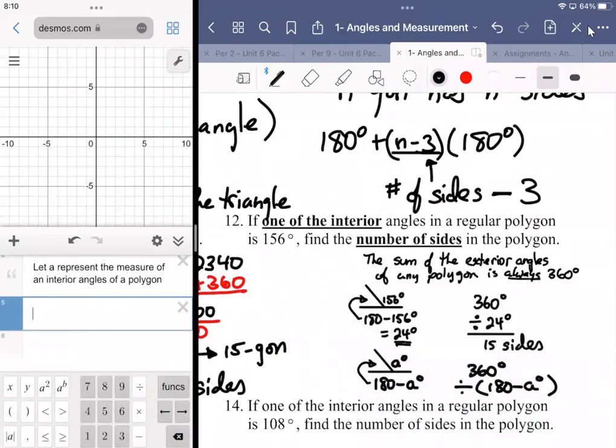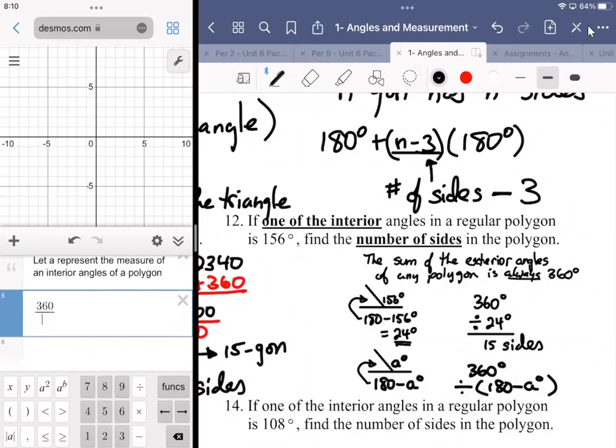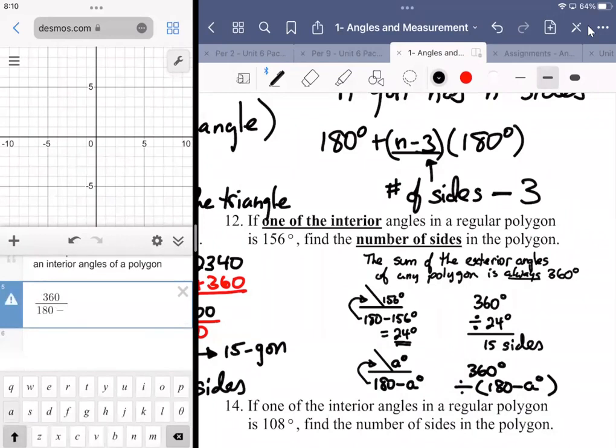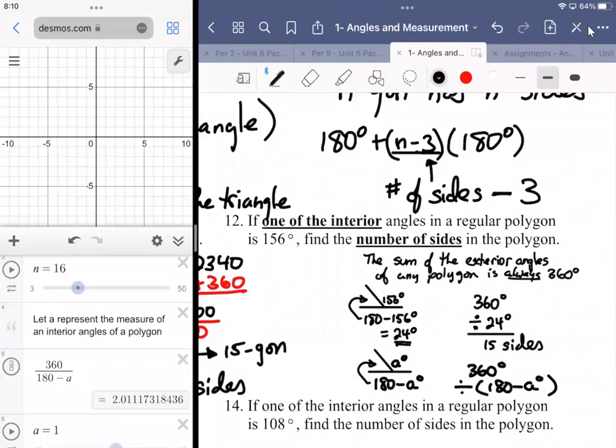And so what I would do is then take 360. When you hit the division key in Desmos, it creates a fraction automatically, so we just have to live with that. But we're dividing by whatever's in the bottom here. So that would be 180 minus A. And we create a slider for A.